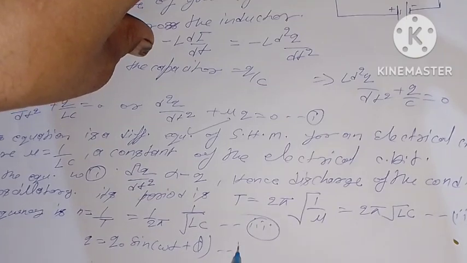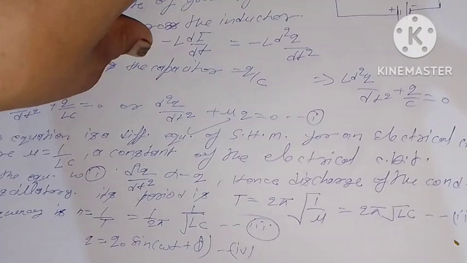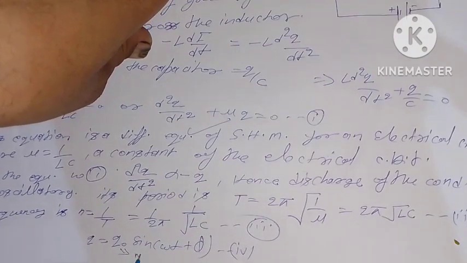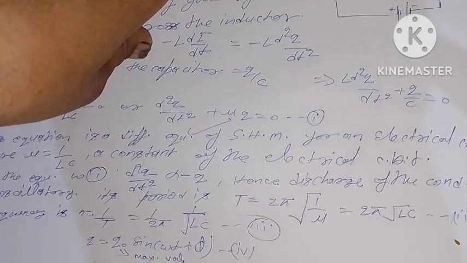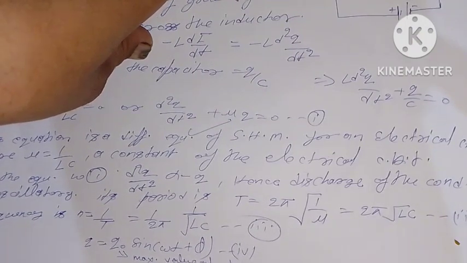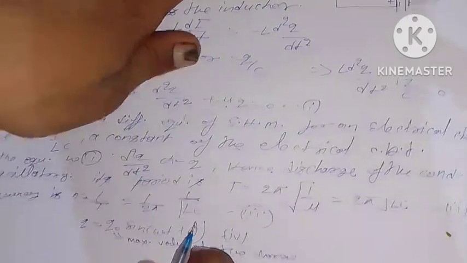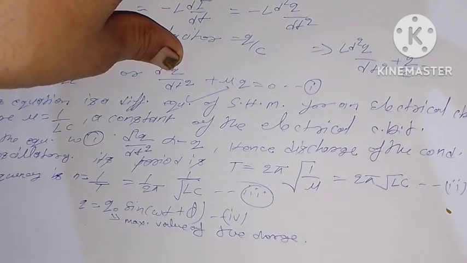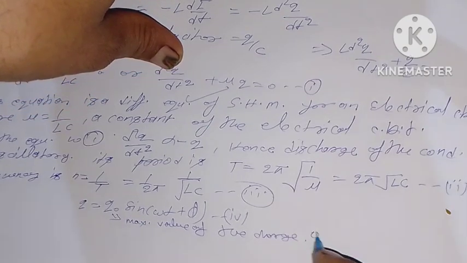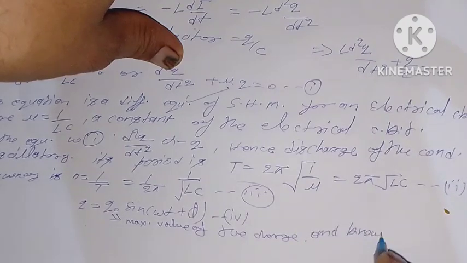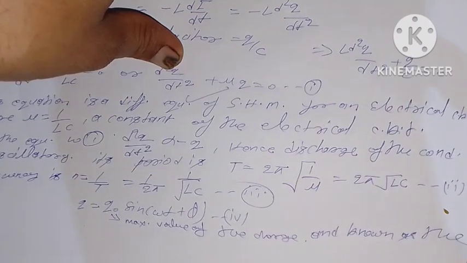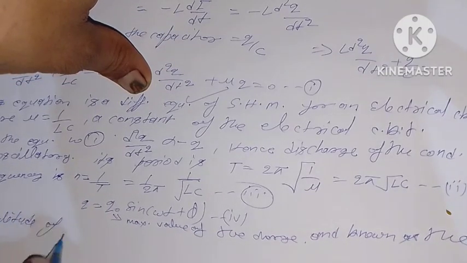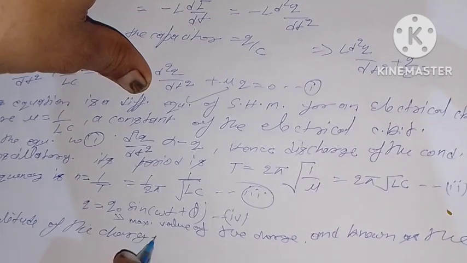This is equation number 4, where Q naught is the maximum value of the charge, known as the amplitude of the charge.